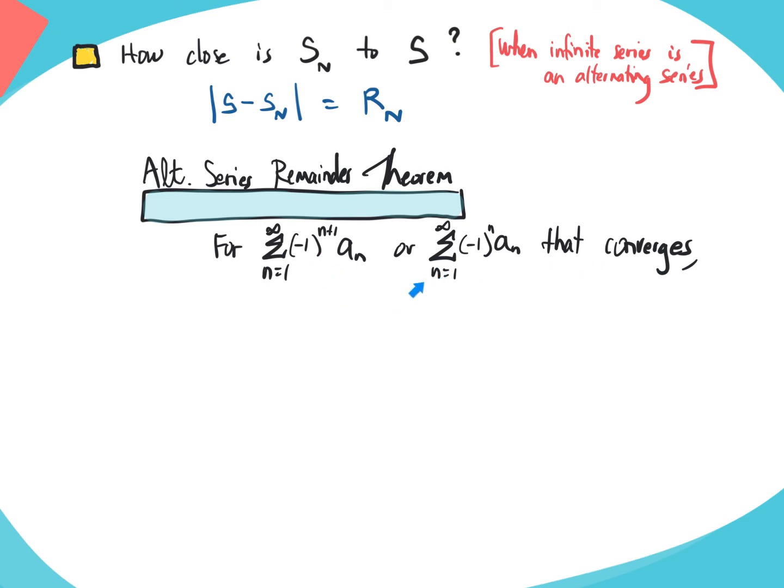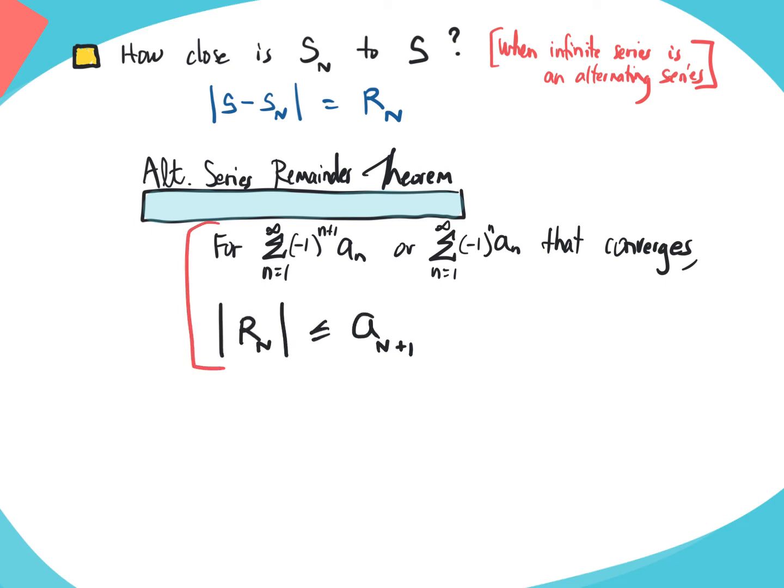And the difference between these two is just whether the first term starts as the negative term or the positive term. So for a converging infinite alternating series, the bound of the error when you stop with an nth partial sum is the first term that you didn't use. That's it.